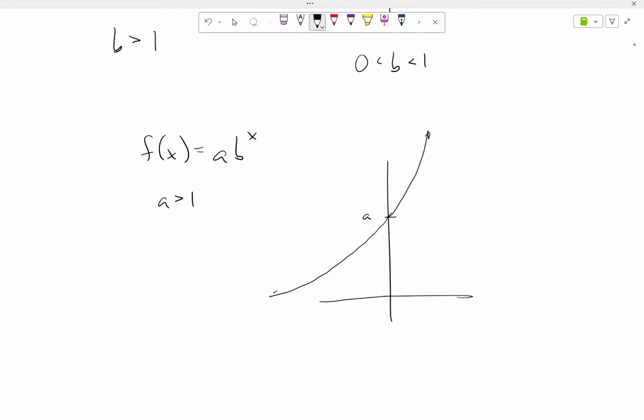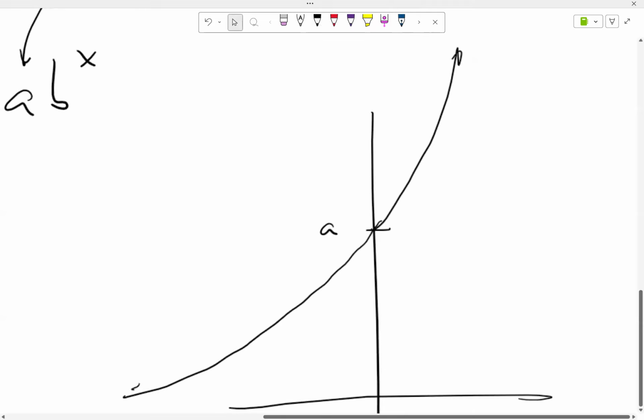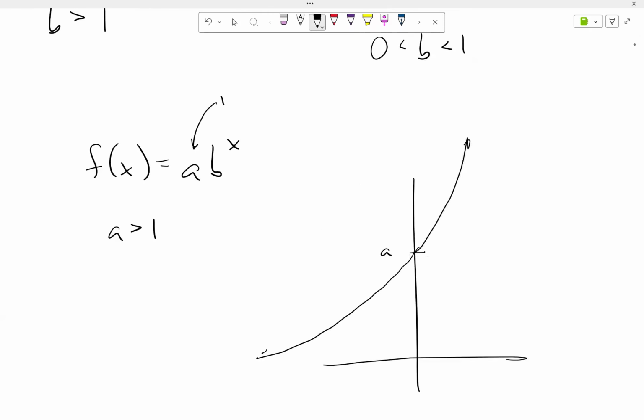And that's why a is called the, do you know the name of this? Coefficient. It is a coefficient, kind of. What is it? Think about its role in the graph. Its initial value. Is that what you're thinking?